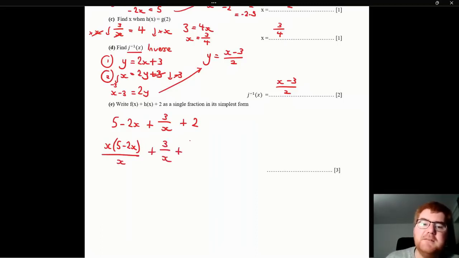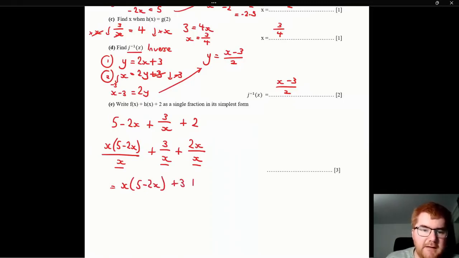I'm going to unsimplify by putting 2x over x. Notice I could simplify back to our answers, but the key point here is that we have x in the denominator of all of them, which means we can just add the tops together, nice and straightforwardly, over x. Again, we just need a little bit of expansion and simplifying here.